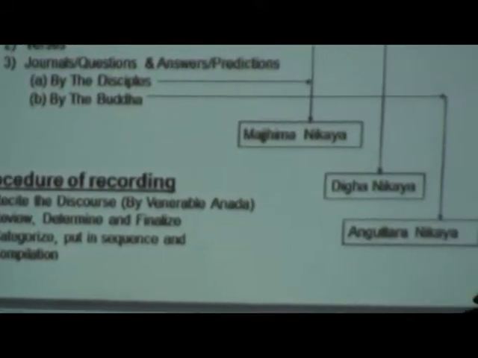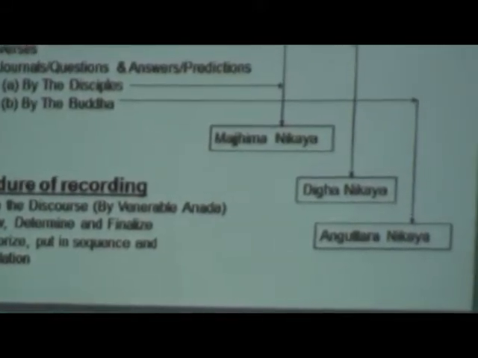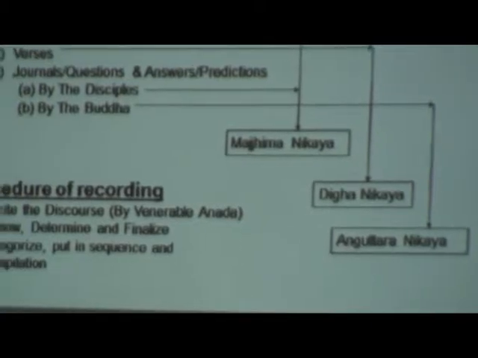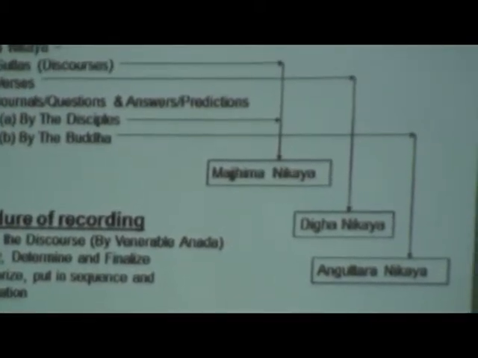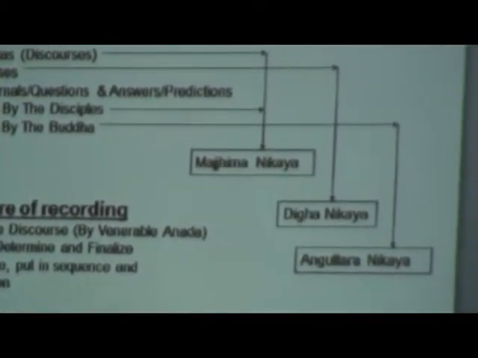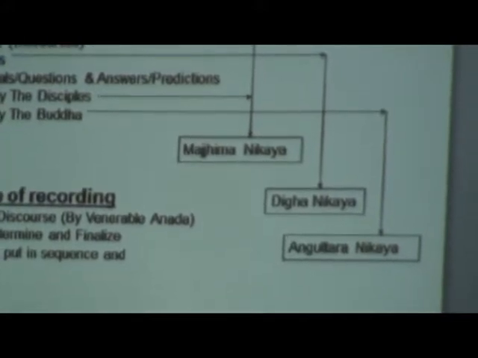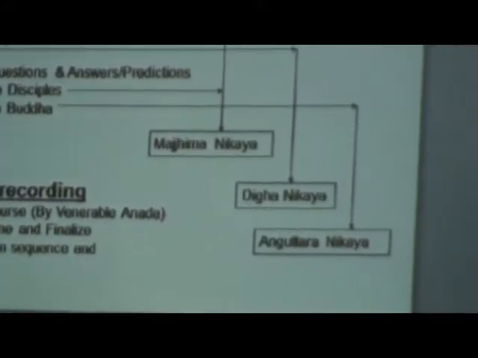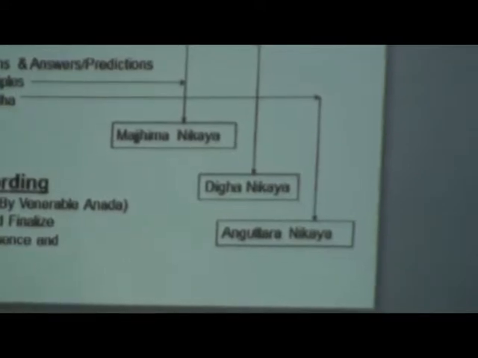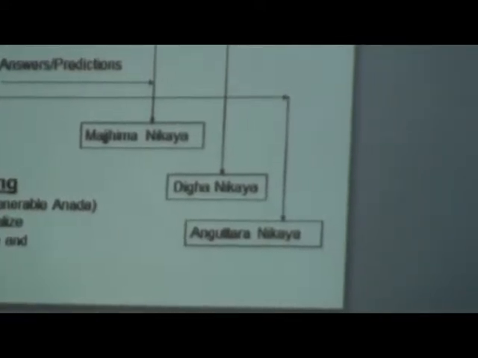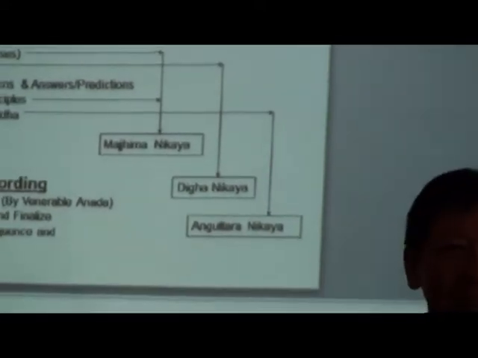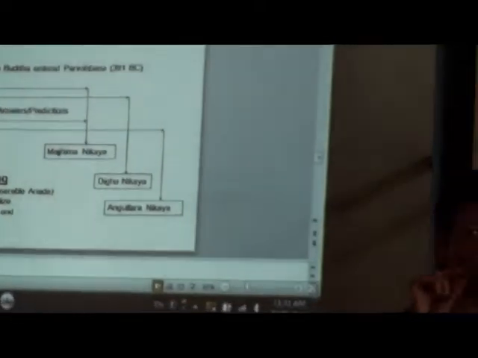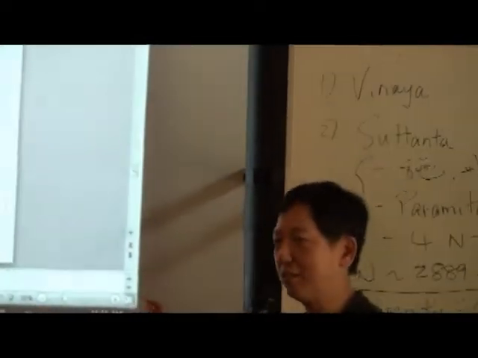Now, the Samyutta Nikaya comes in 3 parts. One is just the discourse, either long or short, but at least 1 or 2 paragraphs. And then it comes in a form called the verses. The Buddha will say, anicca, anatta, dukkha, and then he'll walk away. A very short sentence by the Buddha.